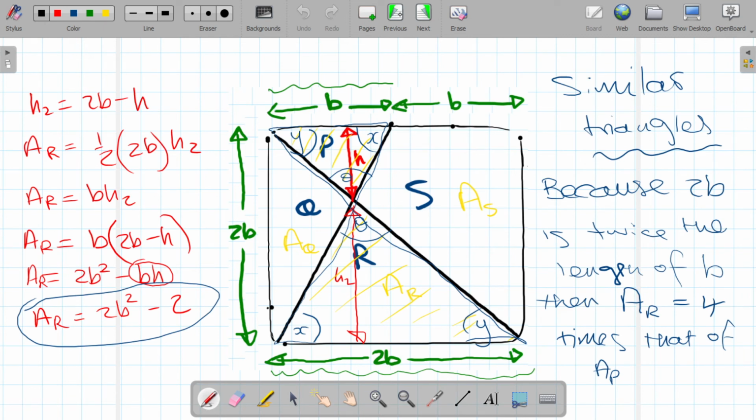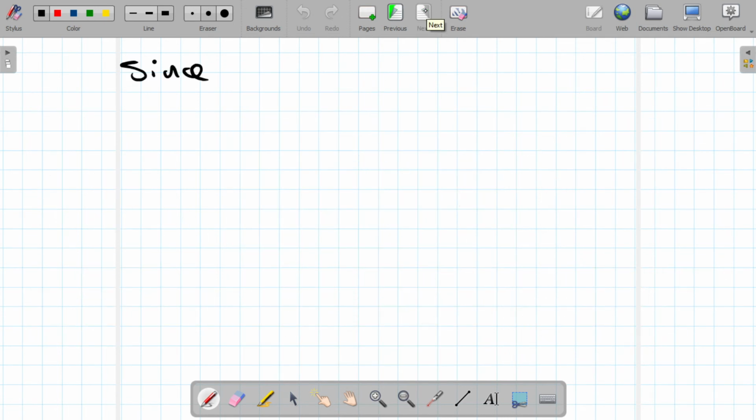Let's just go back to the page we're on. So we've got AR equals 2B squared minus 2. So AR is equal to 2B squared minus 2, right?